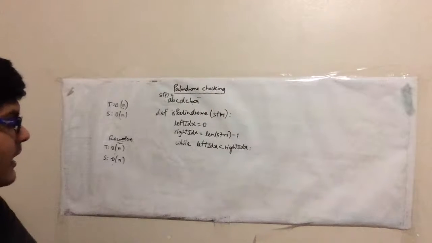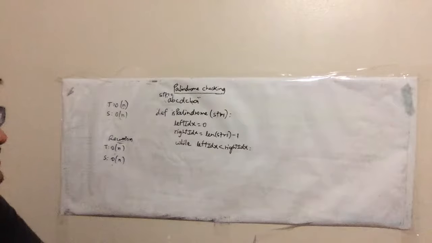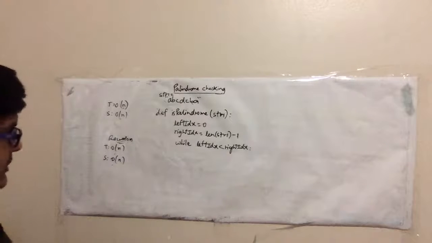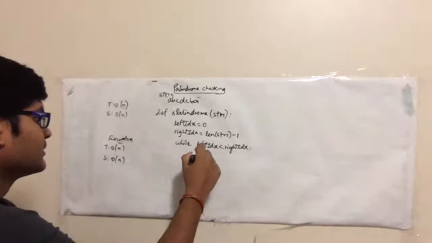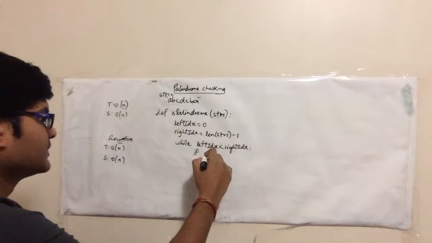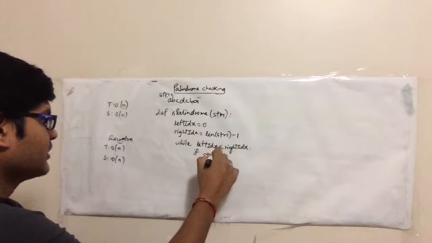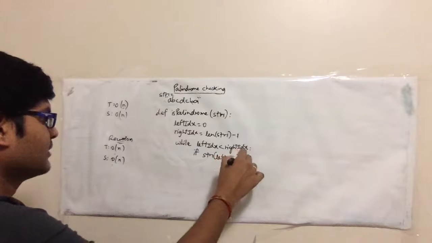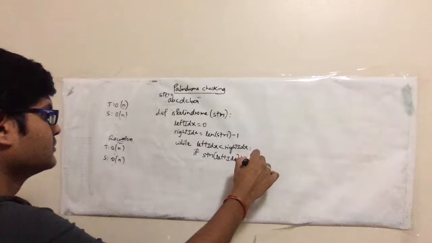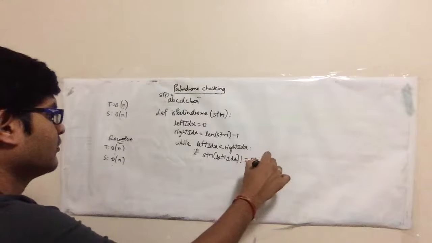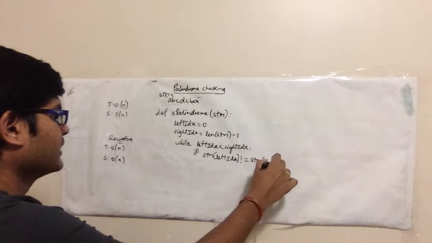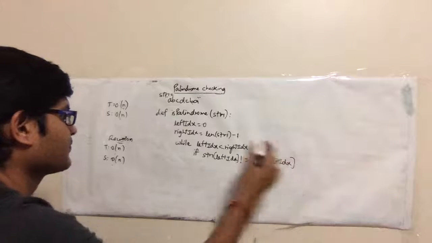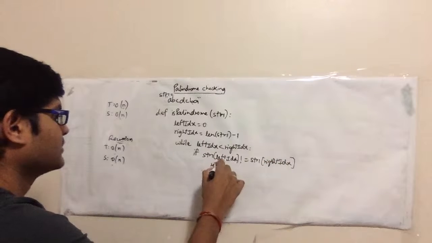And if the left index is less than the right index, what you need to check is if string 1 of left index is not equal to string 1 of right index, then return false.